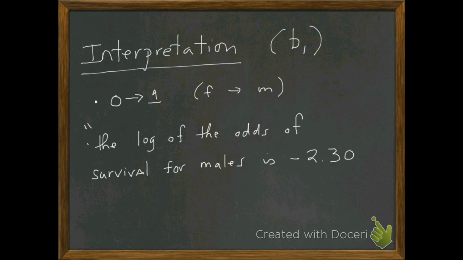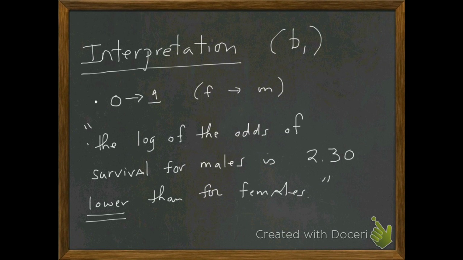Okay, the log of the odds of survival for males is negative 2.30. Obviously lower because we had a negative, okay? So the log of the odds of survival for males is 2.3 lower than for females.